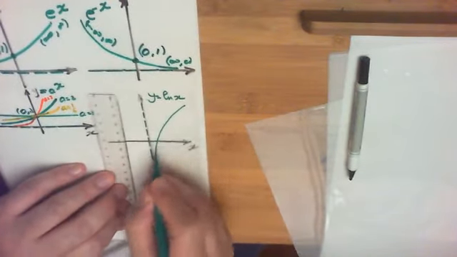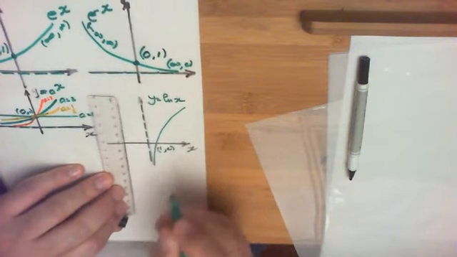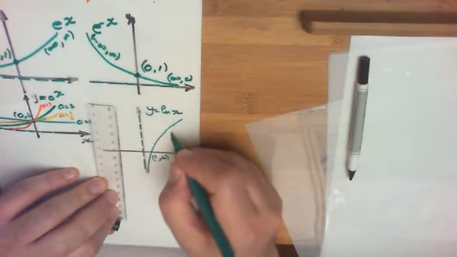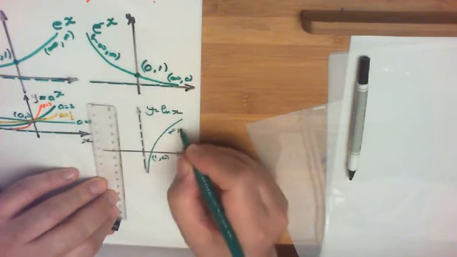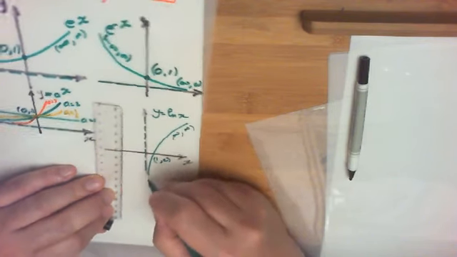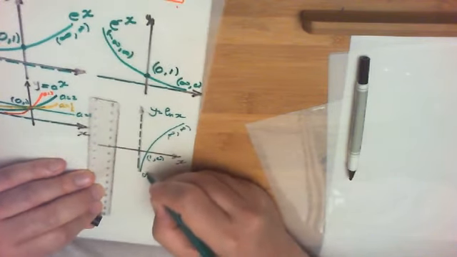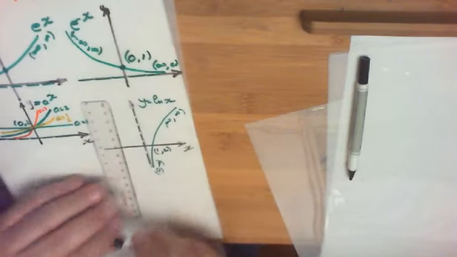This point is (1, 0). As x goes to infinity, ln x goes to infinity. As x approaches 0, ln x approaches minus infinity.